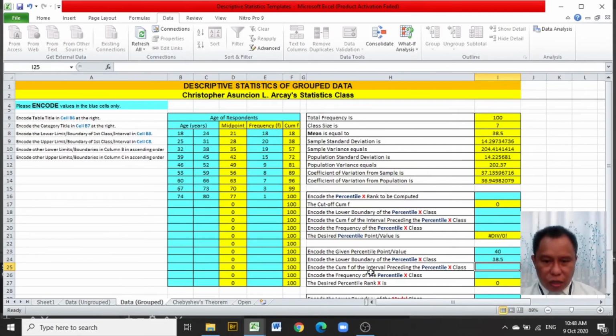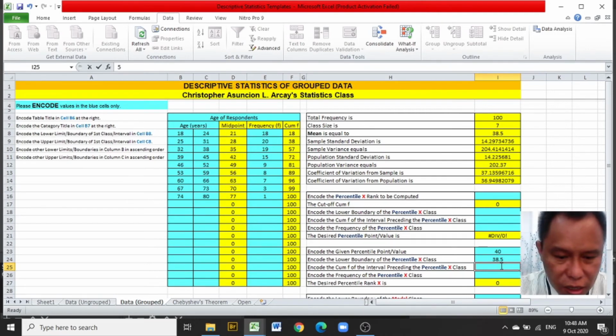Then encode the cumulative frequency of the interval preceding that class. Since 39 to 45 is where 40 is located, its cumulative frequency value is 72, but the cumulative frequency of the immediately preceding interval is 57, so encode 57.